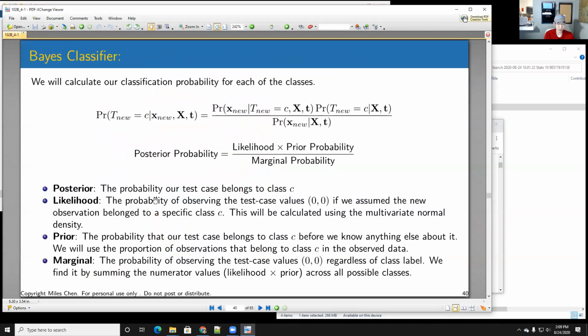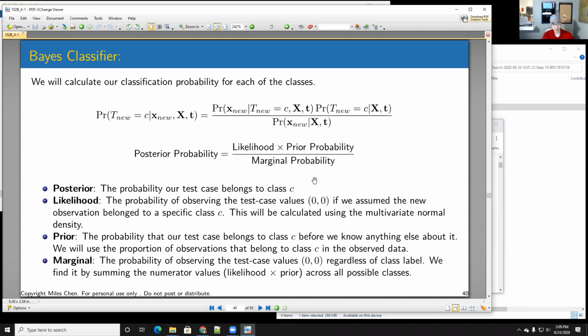So I come over here and we are going to do the Bayes classifier. Just like we did with the pouches and the factories, here we're going to do it for the multivariate Gaussian, okay? And so we ask, what's the probability of getting this test case, the test case value 0, 0?